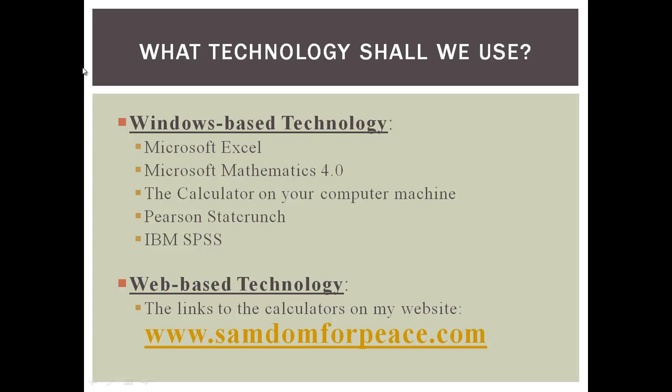And I have Microsoft Excel, Microsoft Mathematics 4.0, a program that you can get for free from Microsoft. Then the calculator on your computer machine. Then Pearson StatCrunch, which is what you have on MyMathLab. And then the IBM SPSS. I also have it on my machine.